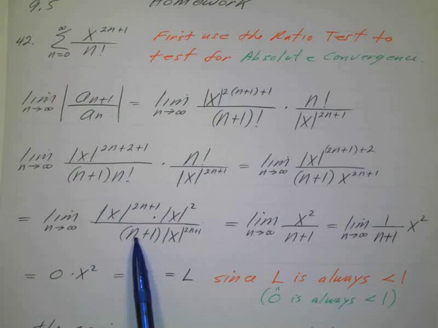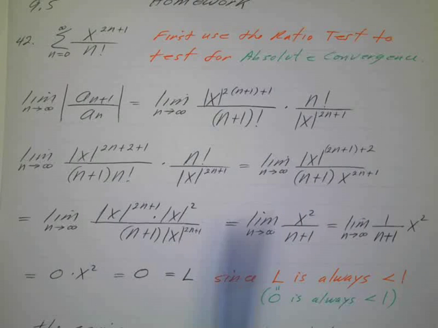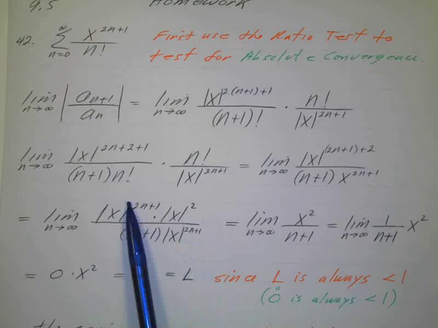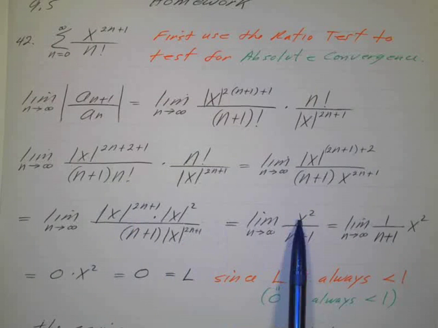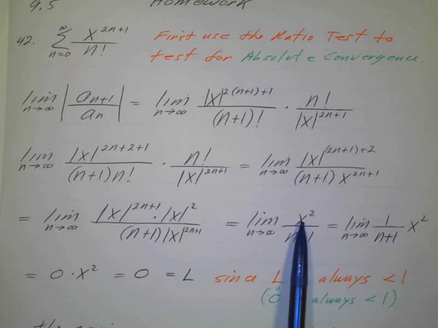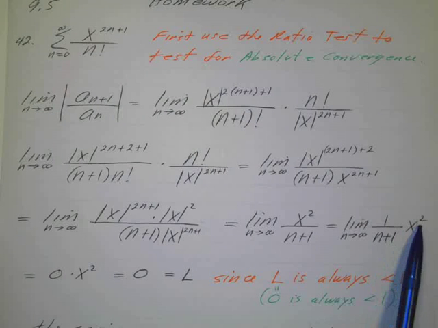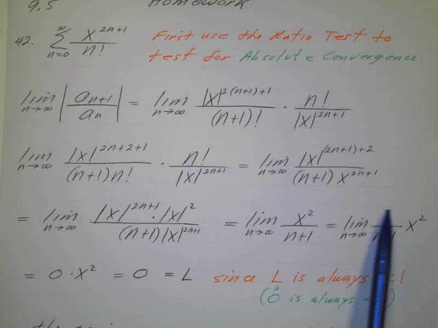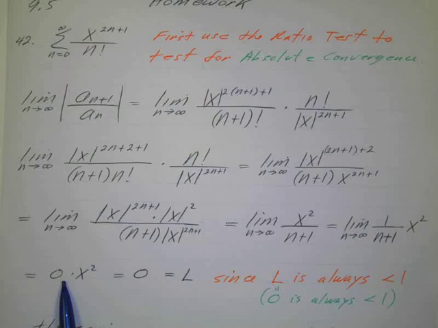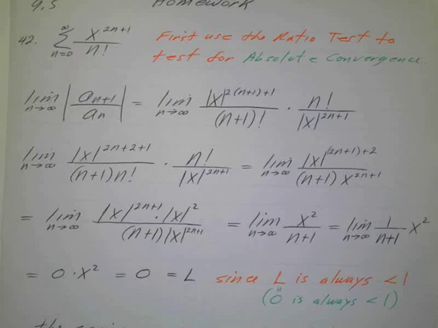All over n plus 1 times the absolute value of x to the 2n plus 1. And those cancel, so I end up with this. The absolute value of x squared is going to be positive, so I don't need the absolute value bars, all over n plus 1. I rewrote it so you can see the limit. The limit as n approaches infinity of this will be 0. So this ends up with 0 times x squared, which is equal to 0. And that's my L.